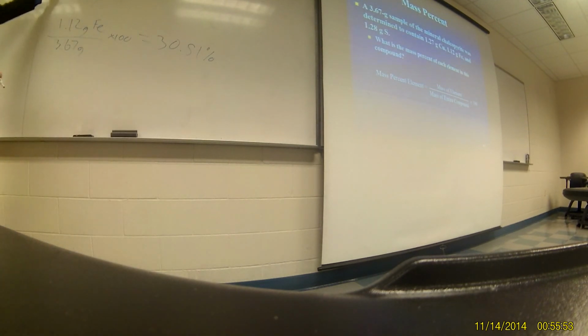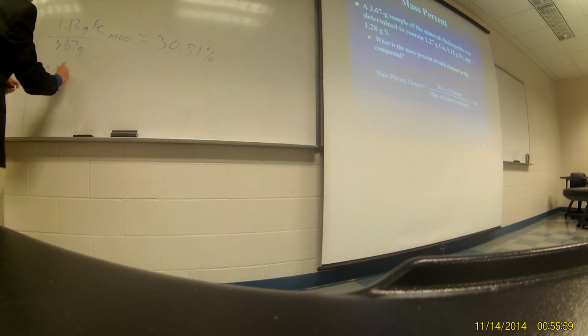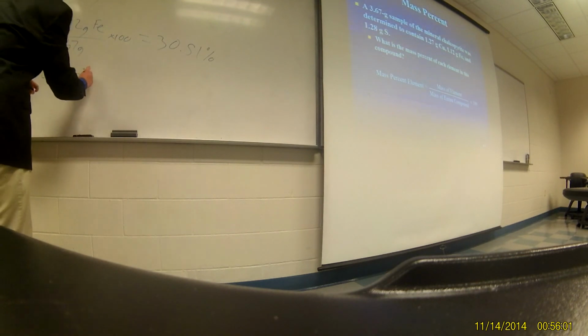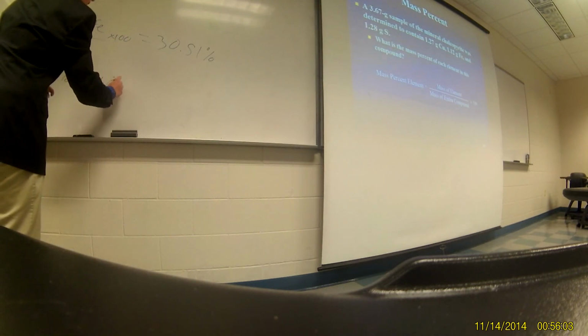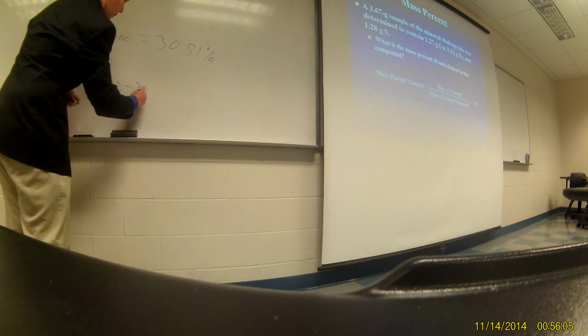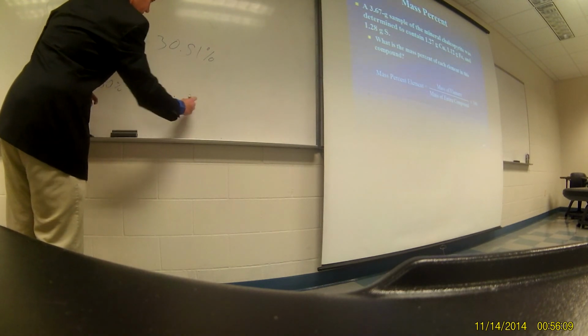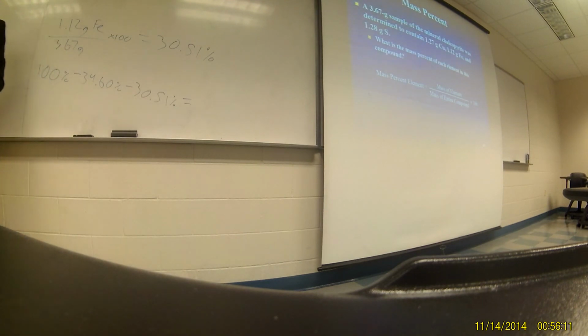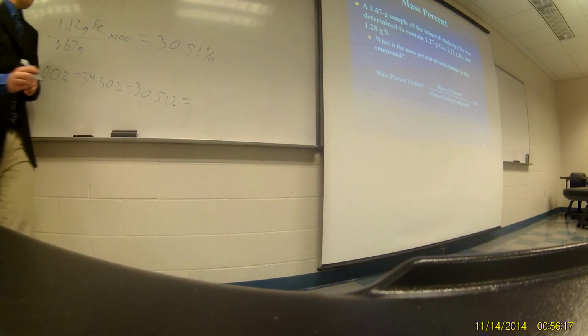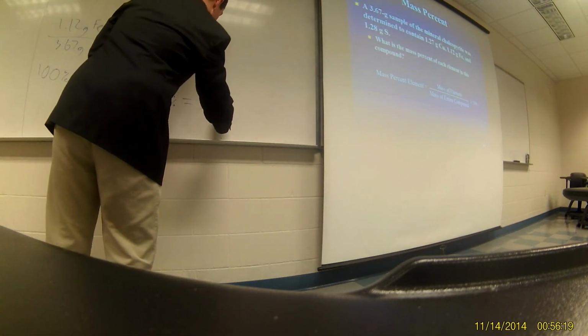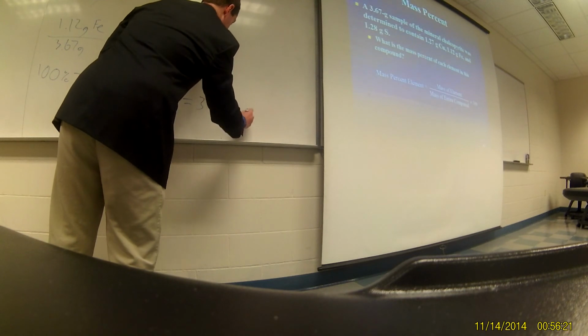So let's do it that way, because since we already did two examples like this, let's do sulfur the third way. So we just got 100% minus 34.60% minus 30.51% equals how much? 34.89%.